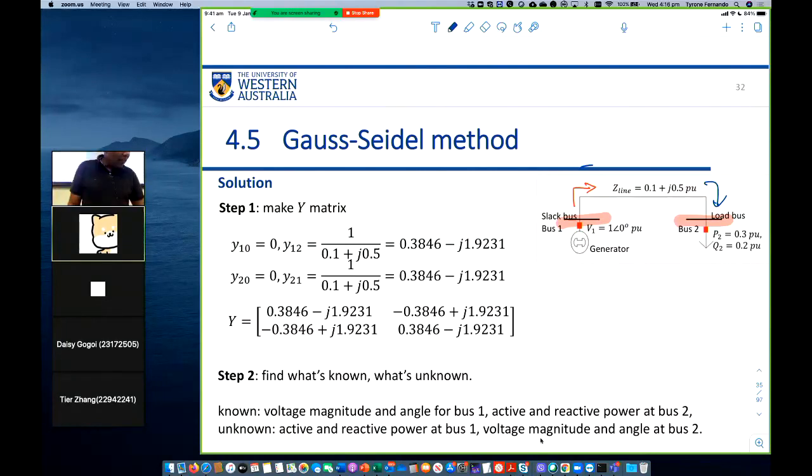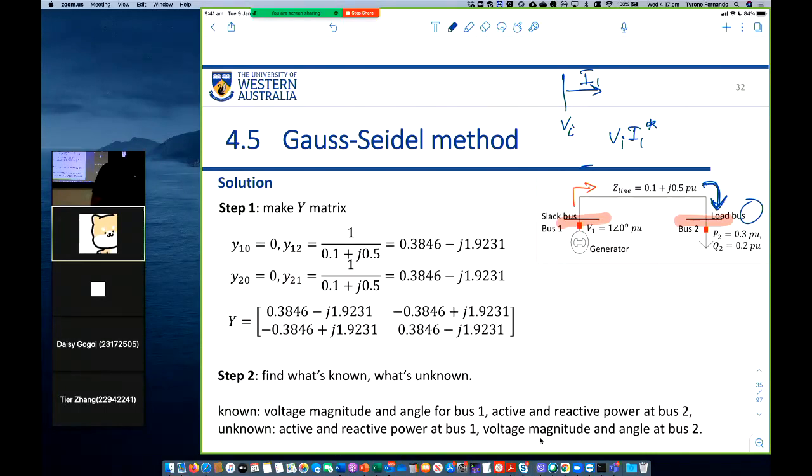So if this bus has voltage V1, and I know the current flowing out is I1, let's say, then V1 I1 star is the power that is flowing out of that line. So if I ask what is the complex power flowing in here, I take the voltage here, which I know now, and multiply by the current, conjugate of course.